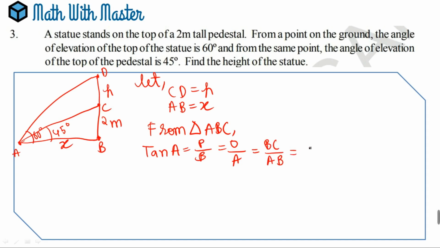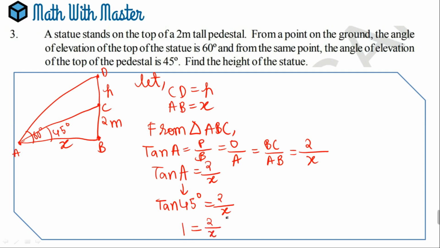And what is the value of BC? It is 2 meters, and the value of AB is X. So I can say that tan A is equal to 2 upon X. And instead of angle A, I can write the real value of angle A in triangle ABC, 45 degrees, is equal to 2 upon X. So what is tan 45 degrees? It is 1. 1 is equal to 2 upon X. So the value of X will be 2 meters.